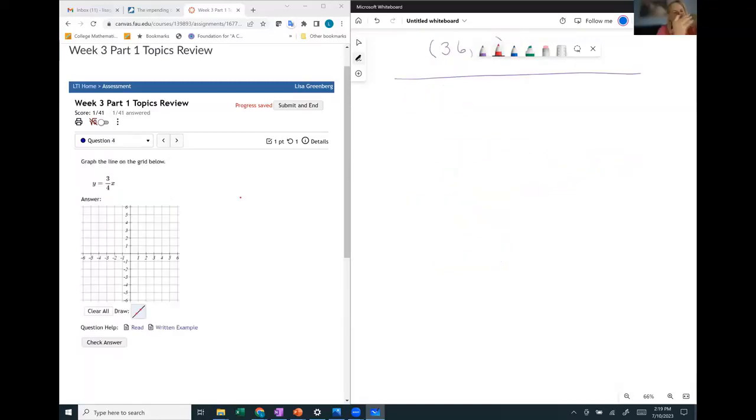Whenever we graph a line, the easiest form we can put it in, and there are two different forms for a line, there's y equals mx plus b, where m is equal to the slope.